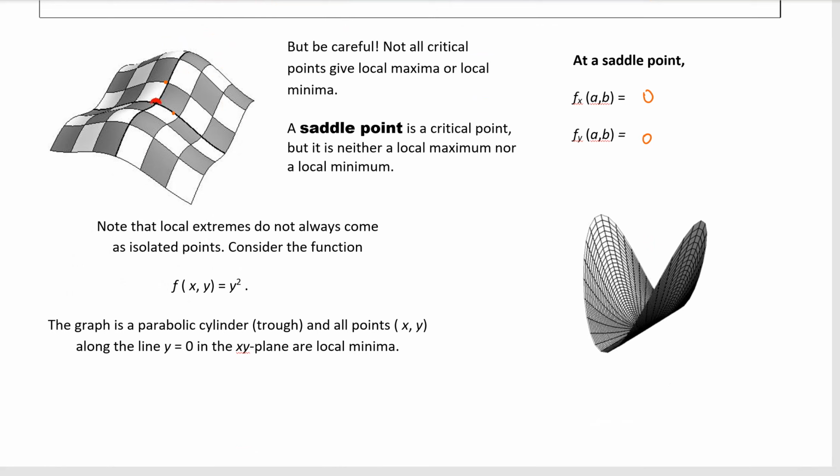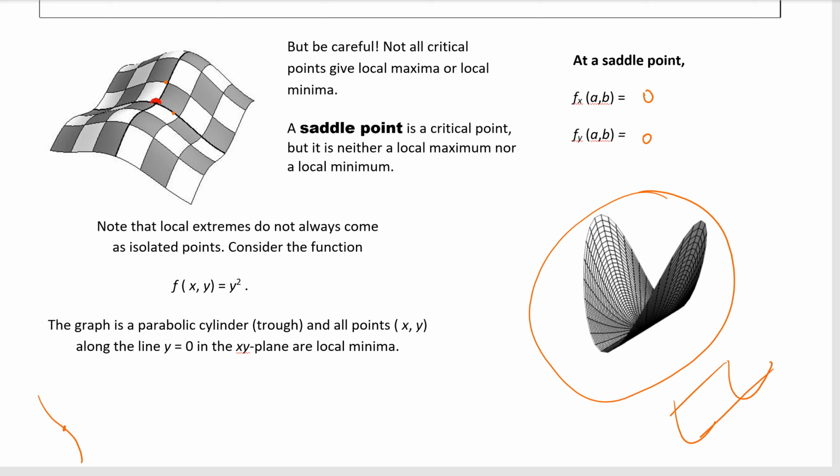Unlike Cal 1, where it is always an isolated point, now it's not the case. The local extrema could be a line, like this picture. If we have a cylinder, then the local minima is the whole line at the bottom.